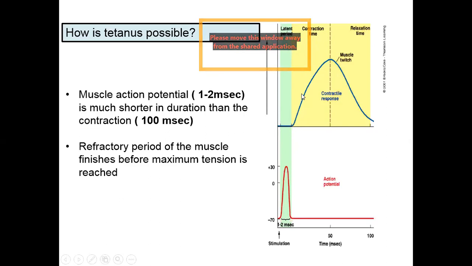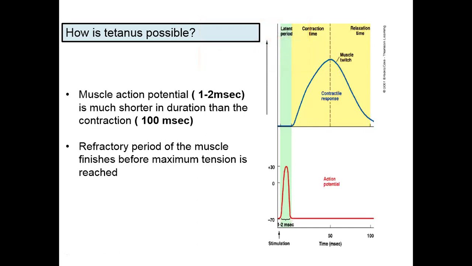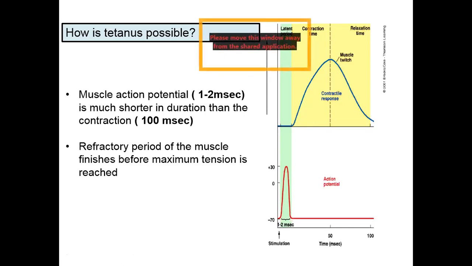So when you apply the stimulus during the contraction period, the membrane is already out of the refractory period. It is back to the resting state, so if you apply another stimulus, a new action potential will be generated, and it can increase the force of contraction and lead to tetanic contraction.